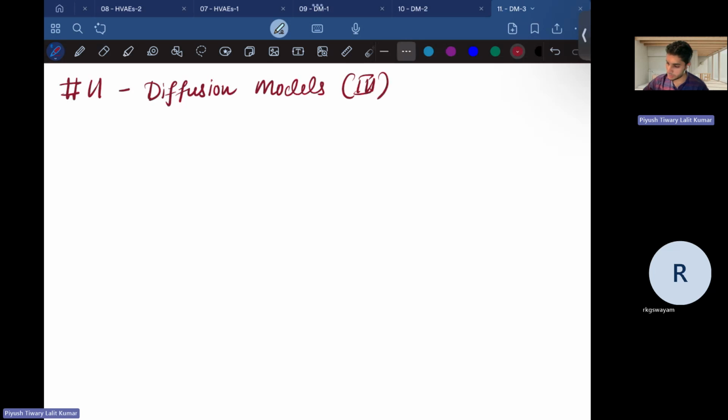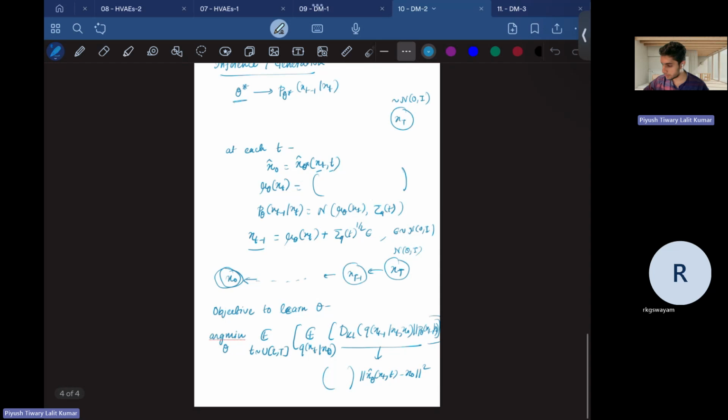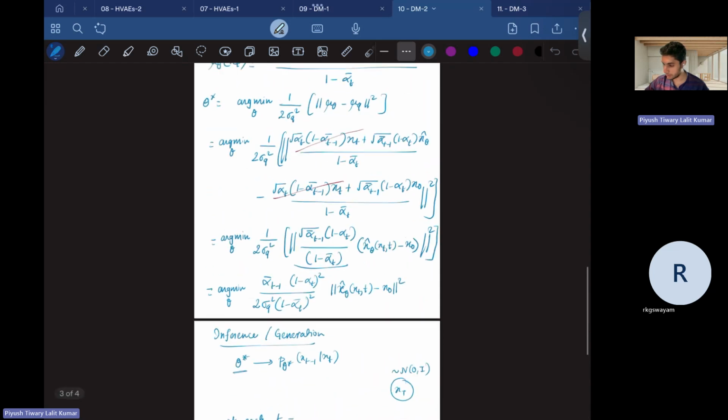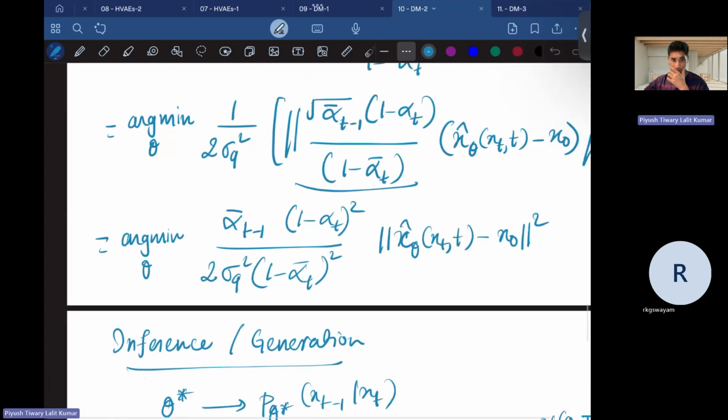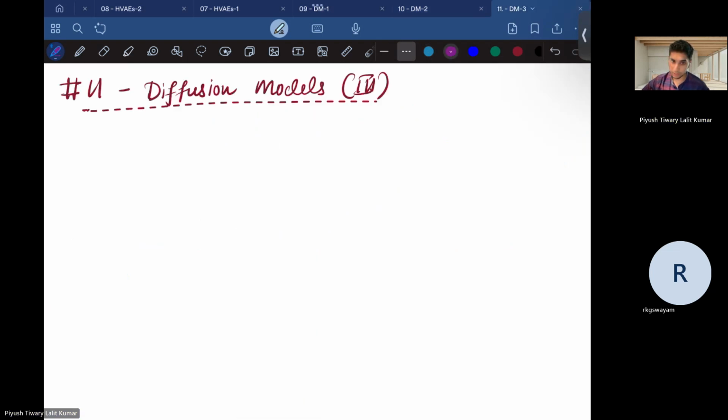Let me write down the objective that we just derived. Particularly, we derived this objective function that we are seeing here. So what is the objective? I will write it down.